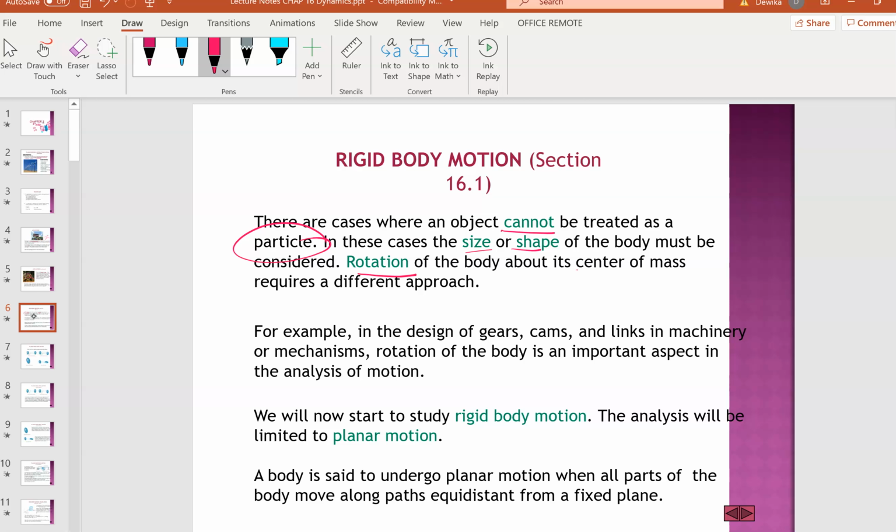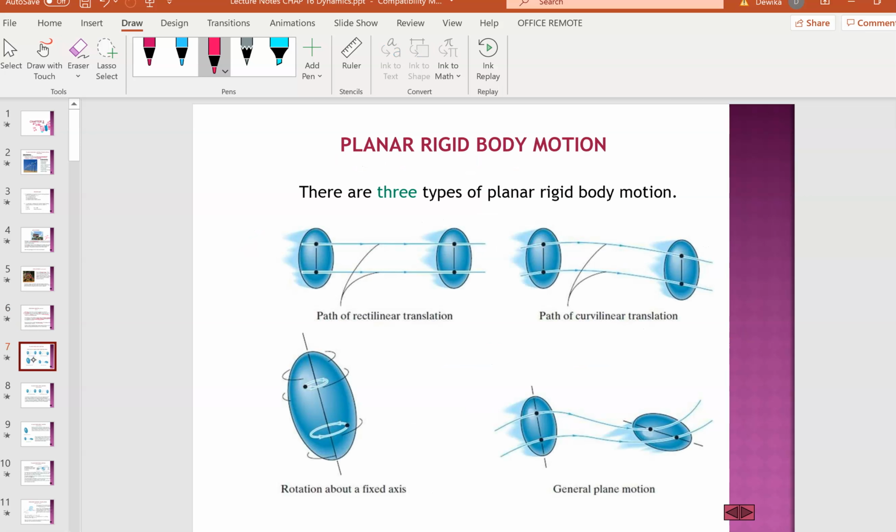Rotation of the body about the center of mass requires a different approach, so that's why we need to study it. We also have gears, cams, and links in machinery or mechanisms. Rotation of the body is an important aspect of the motion as well. So we'll now start studying the rigid body, like what I've explained to you. In a rigid body, this is the diagram that I was referring to in the textbook.